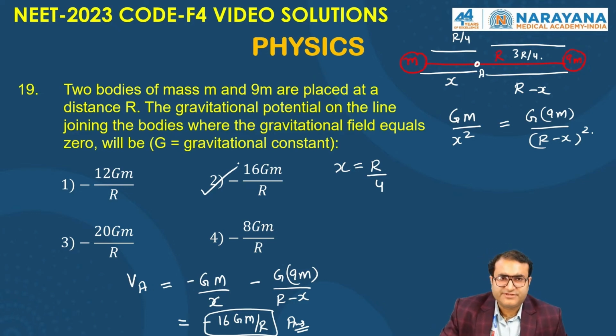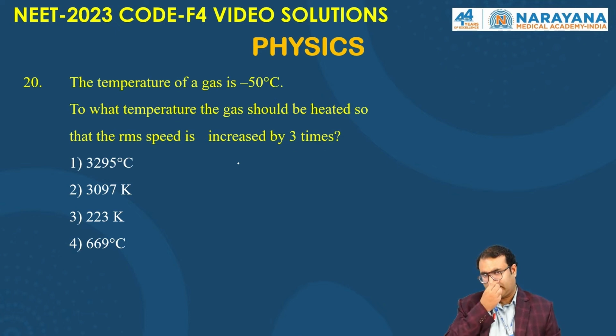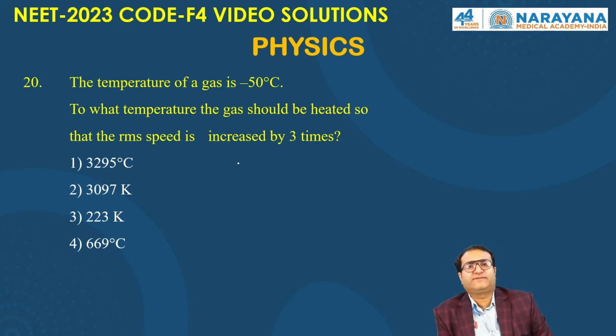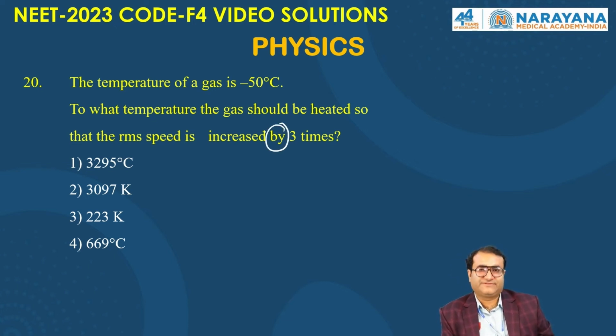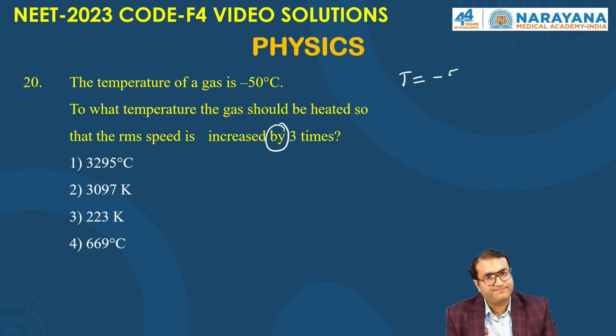Let us come to question number 20 now. To what temperature should gas be heated so that RMS speed is increased by 3 times? Here the term 'by' is used, so it is increased to 4 times. If it is increased to 4 times, temperature, first of all, we have to convert to Kelvin: minus 50 plus 273. It will come out to be 223 Kelvin.